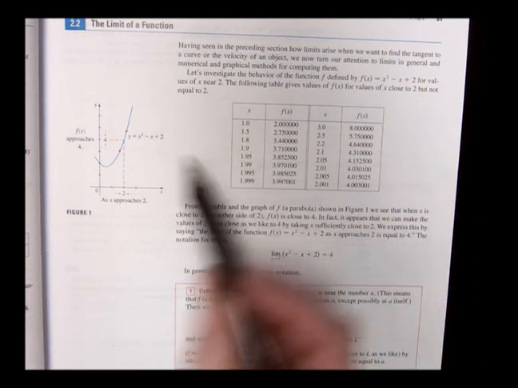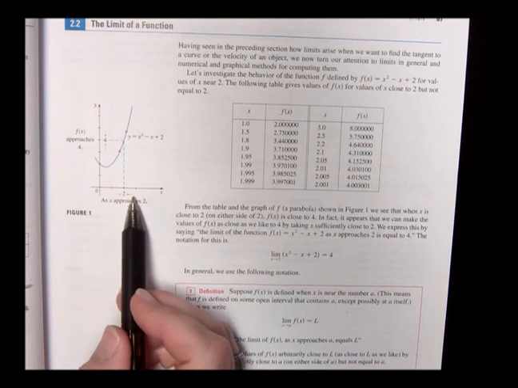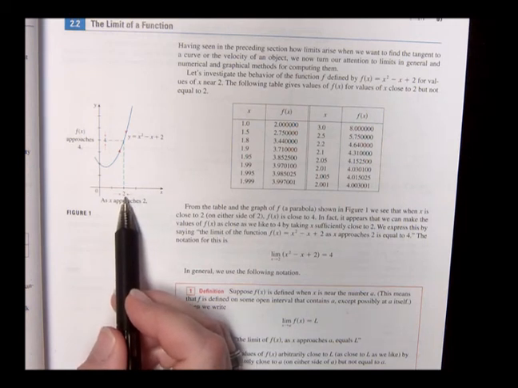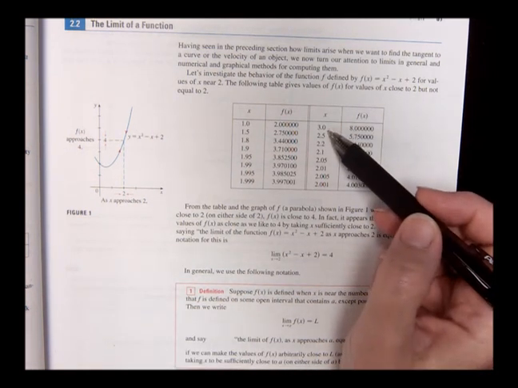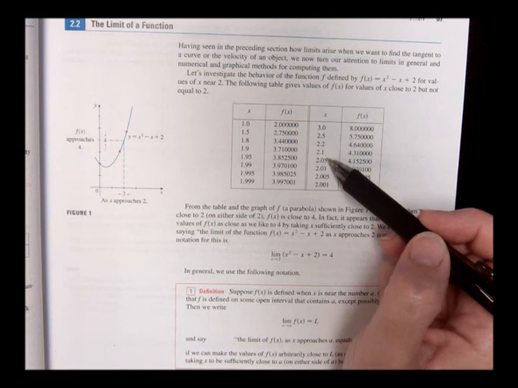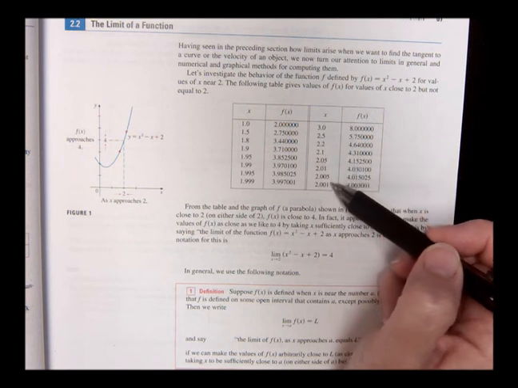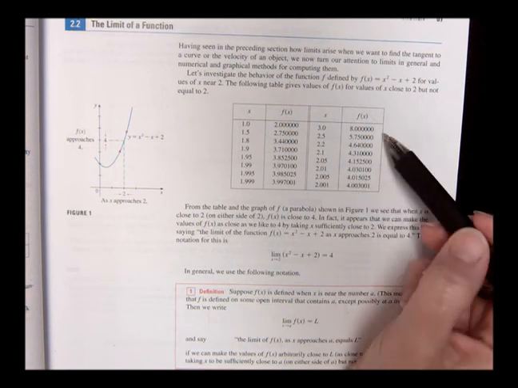If I do the same thing, but this time I'm approaching it from the right, I'm starting at 3 and I'm going down closer to 2. I will get these values.